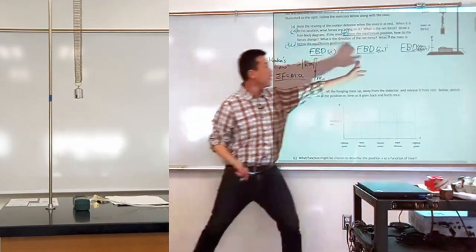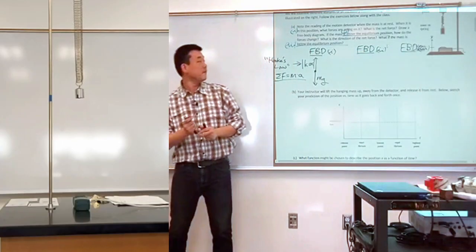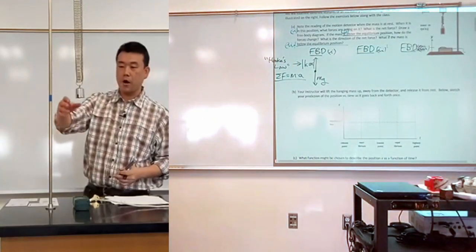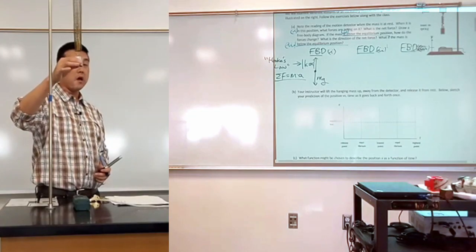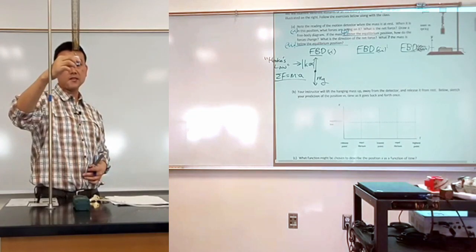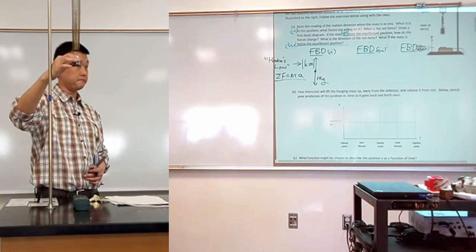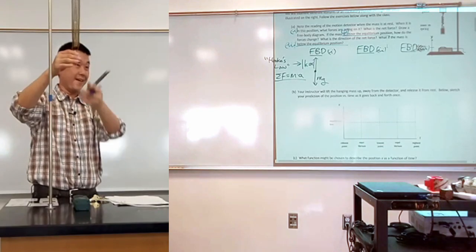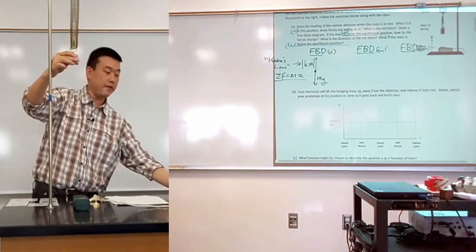All right, let's go through 2 and 3, which is less trivial. So 2 says if the mass is above this equilibrium position, is there still gravitational and spring force on this mass? All right, yeah. And when I let go of both hands, what is the direction of net force?